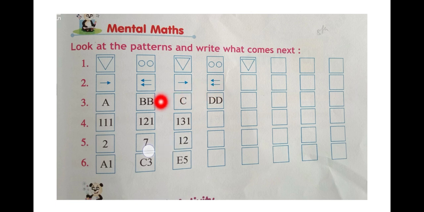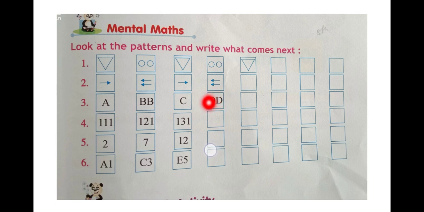Okay, children. Now the second picture is about an arrow pointing towards the right direction. Isn't it? It's pointing towards the right direction. Now the second figure is two arrows pointing towards the left direction. This one arrow pointing towards right, two arrows pointing towards left.